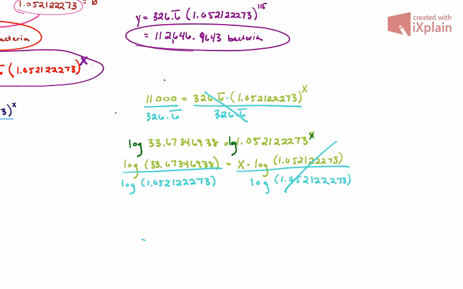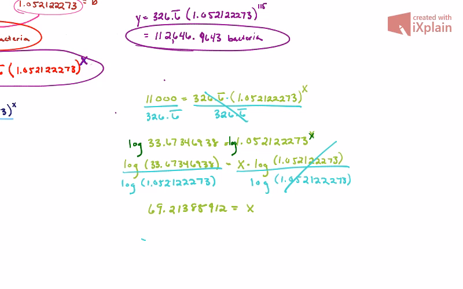That will clear. Then we go to our calculator to get what this value is, and we're going to find that this results in 69.21385912 is equal to x.